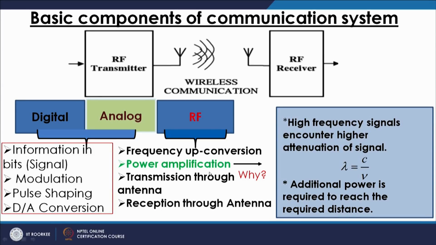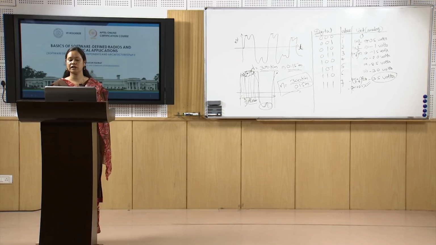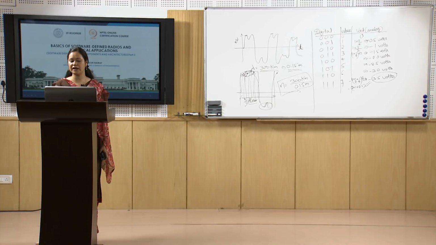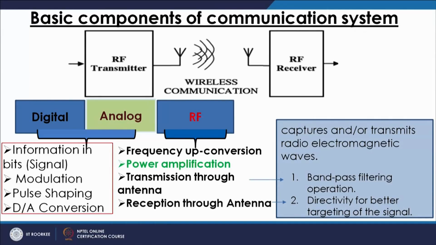Now once it is done, our signal has power, we transmit it through the antenna. What is the antenna actually? We had shown earlier that when we were converting from digital to analog, our signal was in the form of an electrical signal. It can be current or voltage. Now the antenna is something which captures and/or transmits radio electromagnetic waves according to that electrical signal.